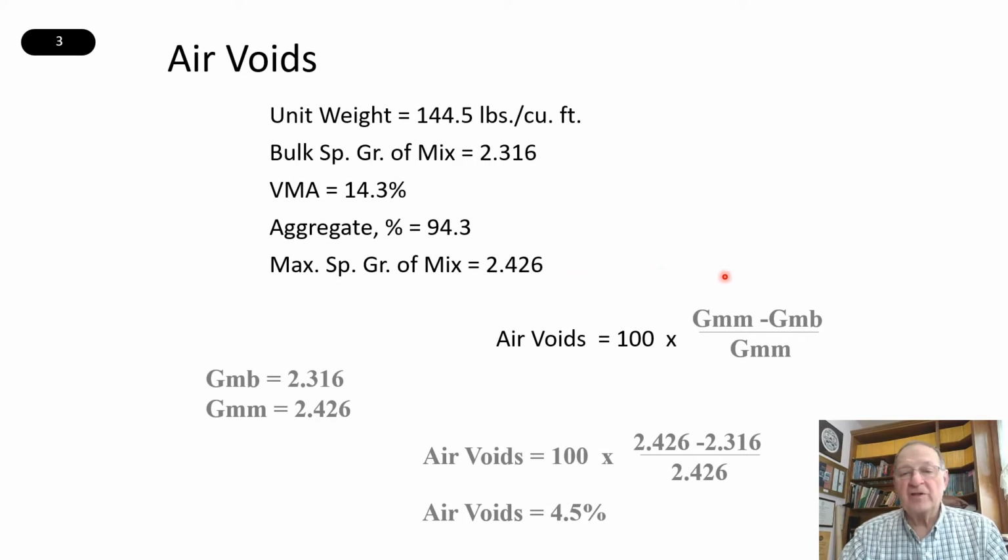So air voids is maximum minus the bulk of the compacted specimen divided by the maximum. So it's 2.426 minus 2.316 divided by 2.426, and the air voids is 4.5%.